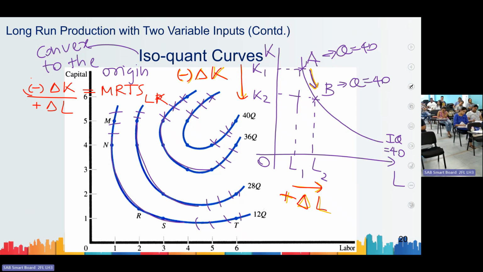This is what is substituted, and this is what is sacrificed.